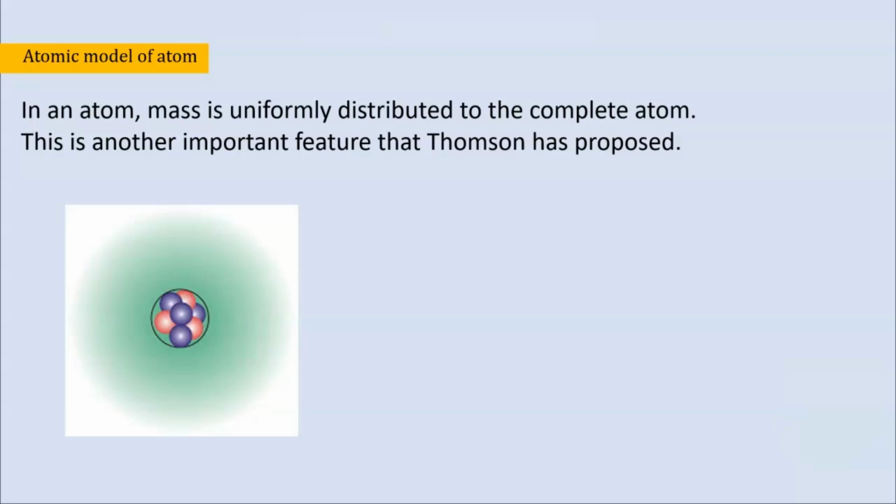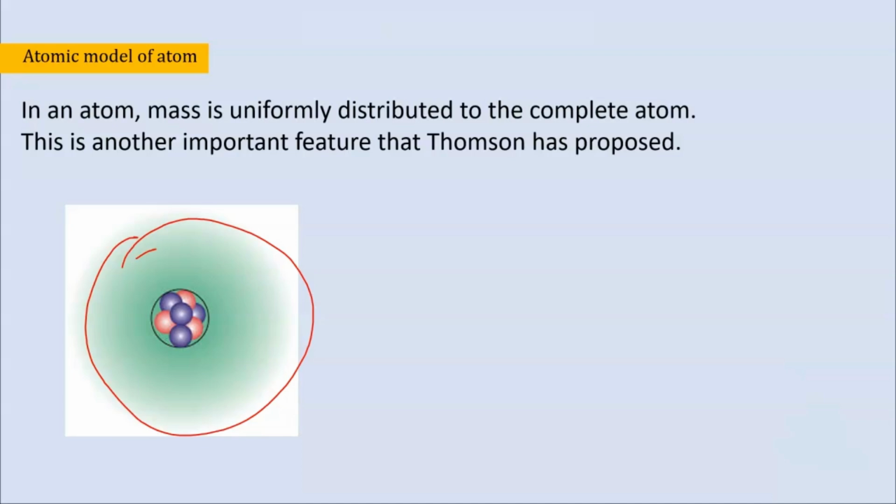So you don't get confused. This whole atom is there, and the positive nucleus in the center has positive charges, but these positive charges are uniformly distributed. So the whole mass is uniformly distributed over the complete atom, right?